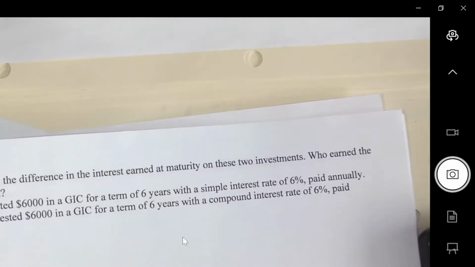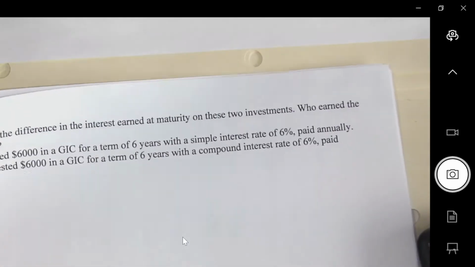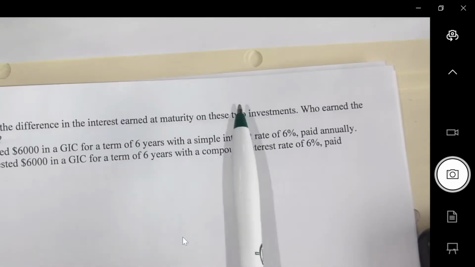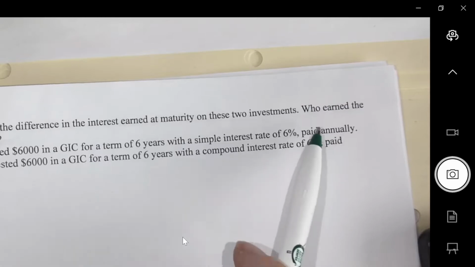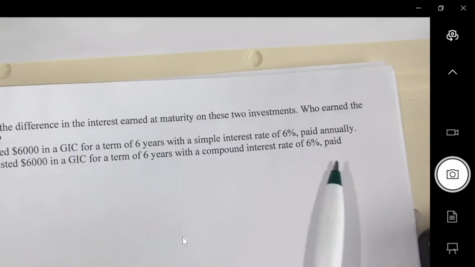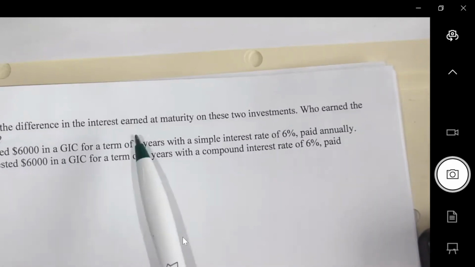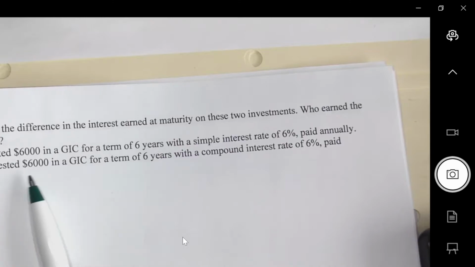Okay, number 5. We're going to figure out the interest both people made, but if I did not want you to calculate this, who earned the most interest? If I look at these people, 6,000 is what they both started with.